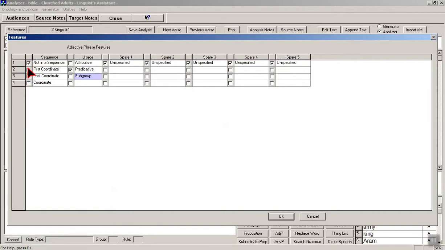If it is in a sequence, it could be the first coordinate, the last coordinate, or coordinate means a middle choice. So if you had 3, the second one would be coordinate. So there are only 2 in the usage column that we need to be concerned with. Attributive is if you say a bad man. Predicative if you say the man was bad as the argument of a verb. So these are correct.